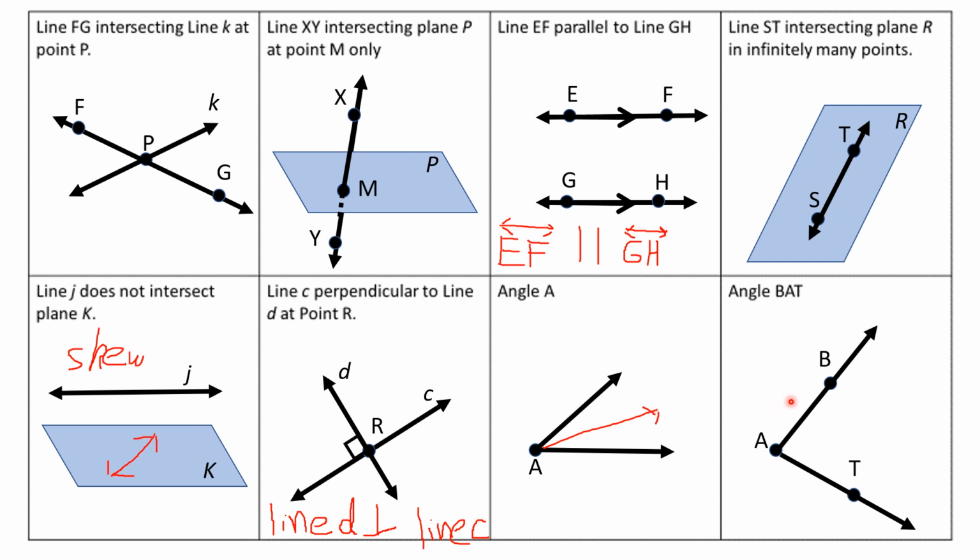That's why we generally like to use 3 letters for our angles. We like to go B-A-T, or we could have gone angle T-A-B as well. Notice that the center letter in our spelling, B-A-T or T-A-B, is always the corner of our angle. It's the start of 2 separate rays, ray AB and ray AT.